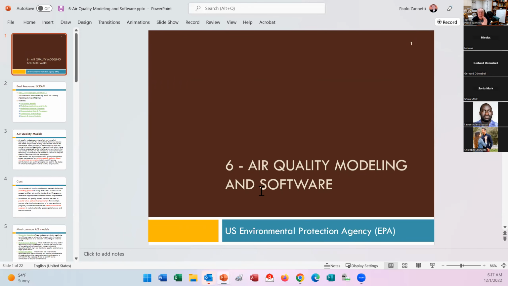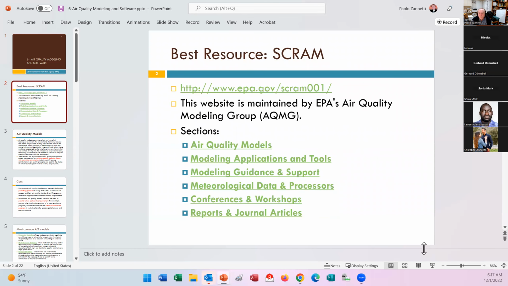Again, don't forget, all the EPA recommendations and guidelines are related to the use of models for regulatory purposes. But it is a good idea to start with the EPA guidelines and recommendations. And then, of course, if your problem is not regulatory modeling, you have much more latitude, much more options to choose different approaches. But I think the EPA recommendations are always a good start.